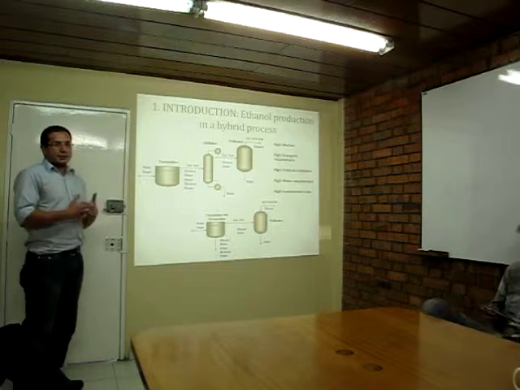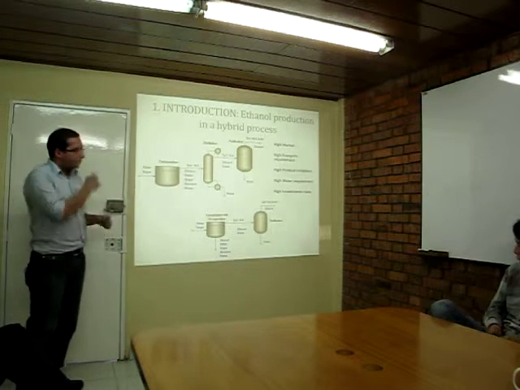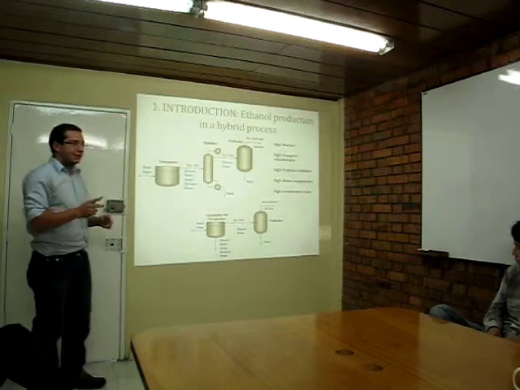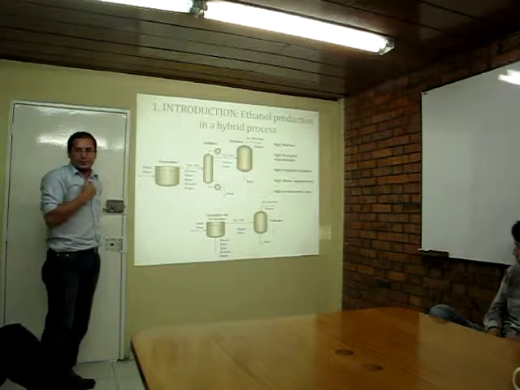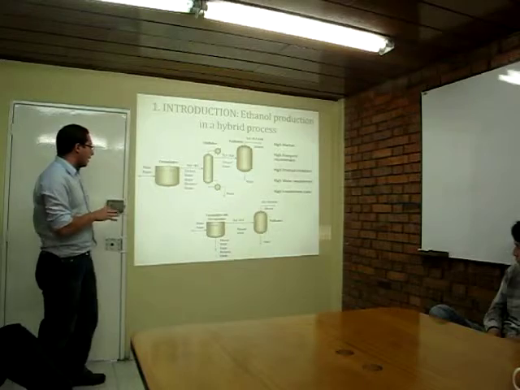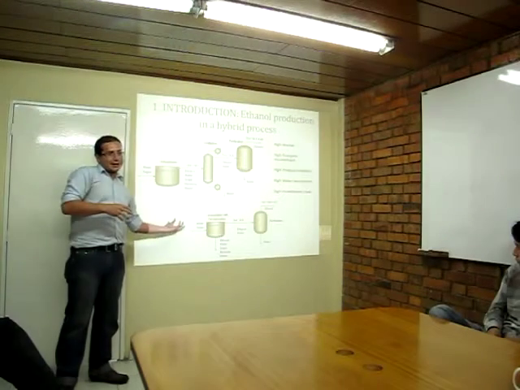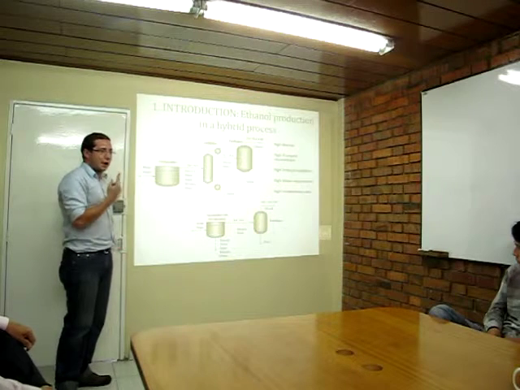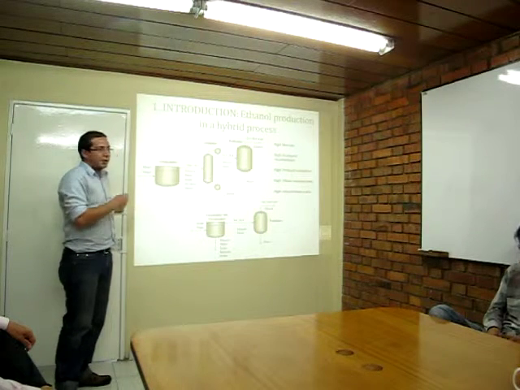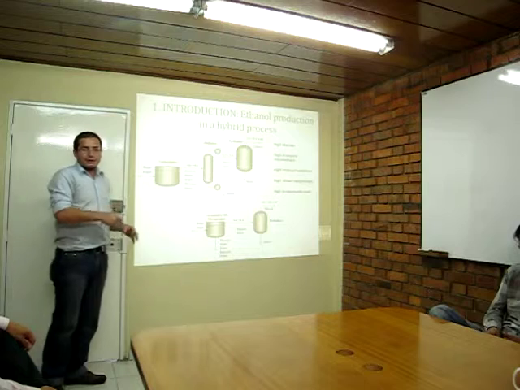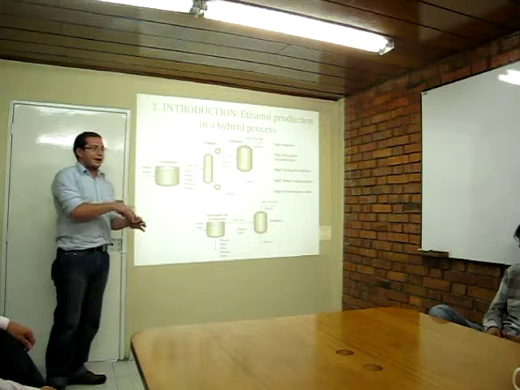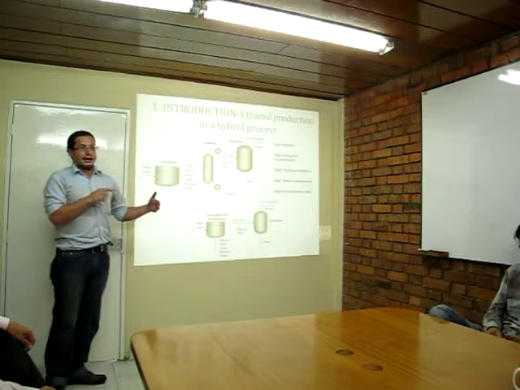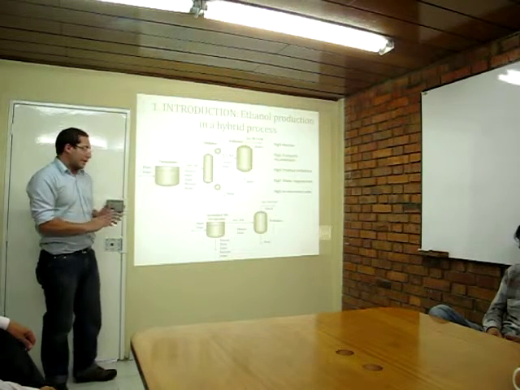What is the possible solution to this problem? We can integrate these two steps into only one step. How? We can put a membrane inside the fermentation, in a process called pervaporation. In this process, the membrane only allows the passage of ethanol.